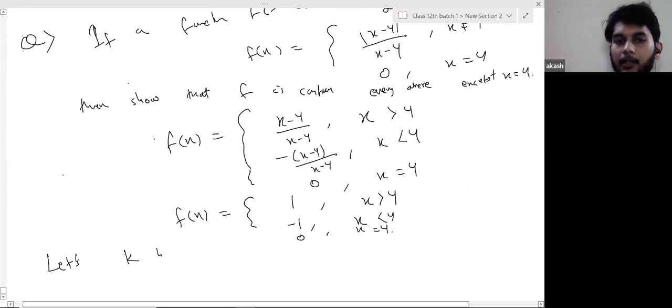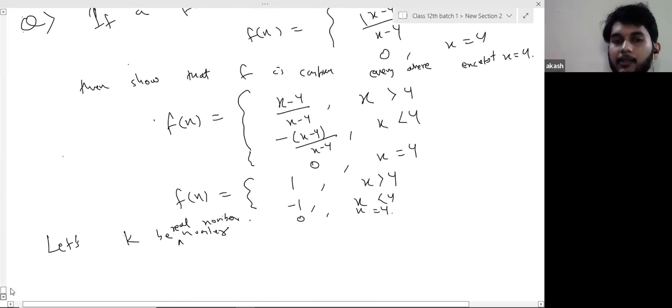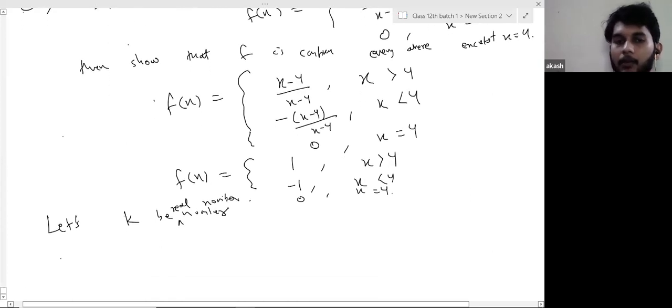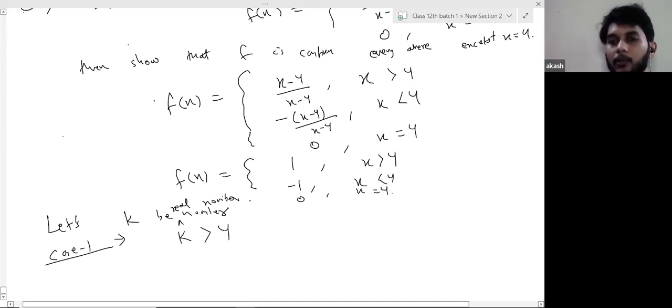Let k be a real number. All right. So we assumed k is a real number, and we took case 1 where k is more than 4. So any number which is more than 4, it can be 4.001 or infinite.